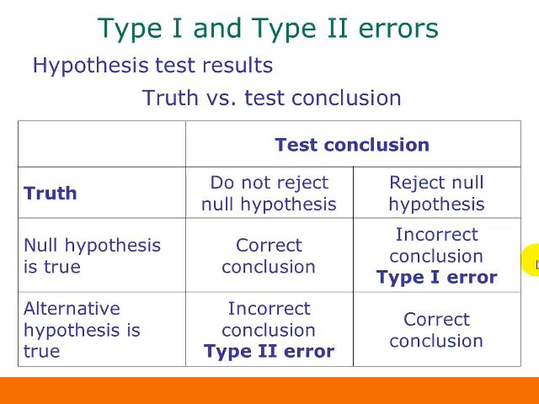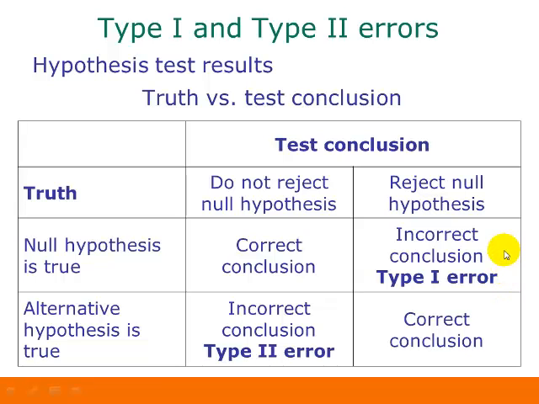So when we're designing a study and determining what we want our significance level to be, our significance level is going to depend on the consequences of a type 1 error and how serious those consequences are.